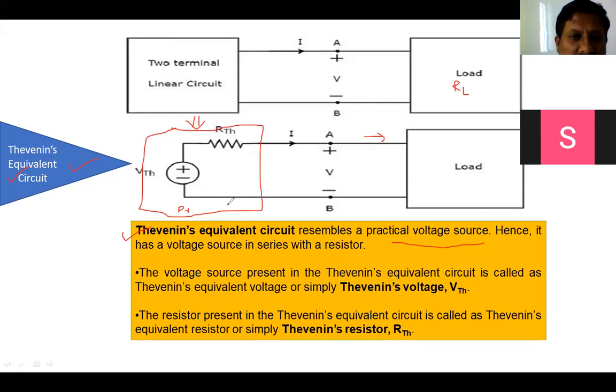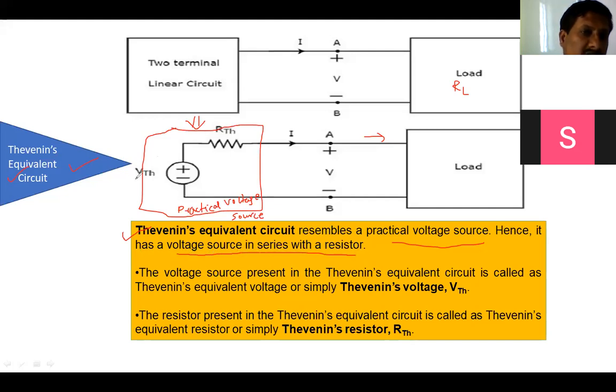In a practical voltage source, there is a voltage VTH and a resistance in series with it. So Thevenin's equivalent circuit is nothing but a practical voltage source, which consists of a voltage source in series with a resistor.